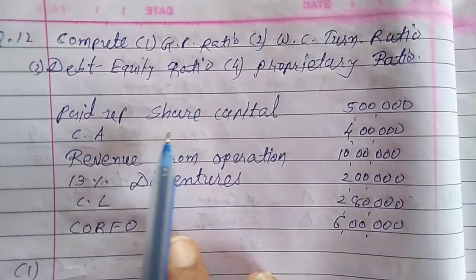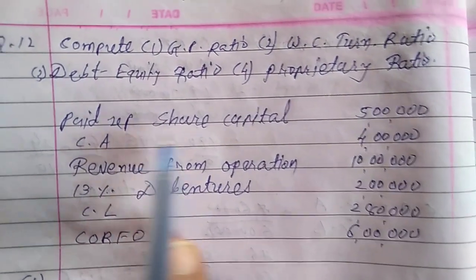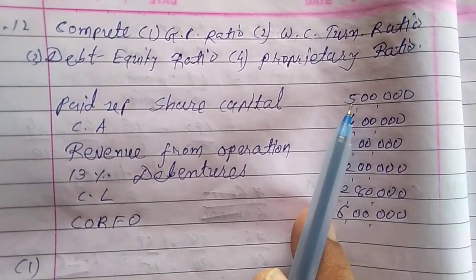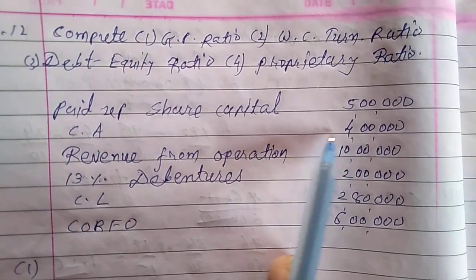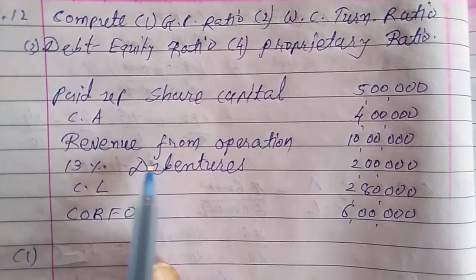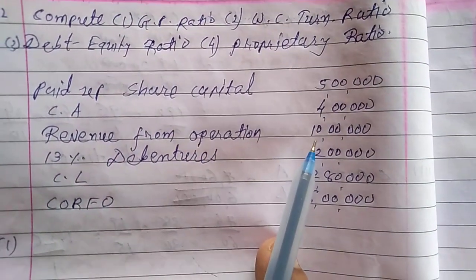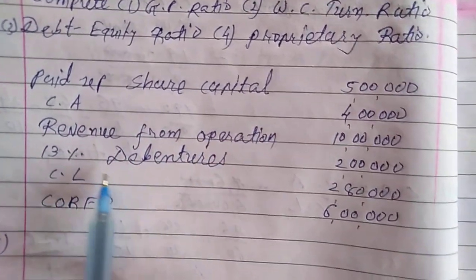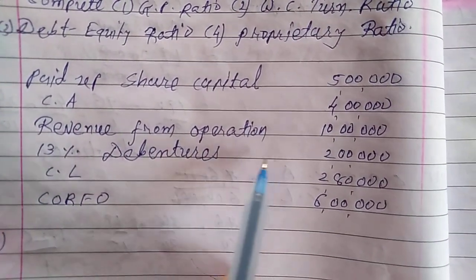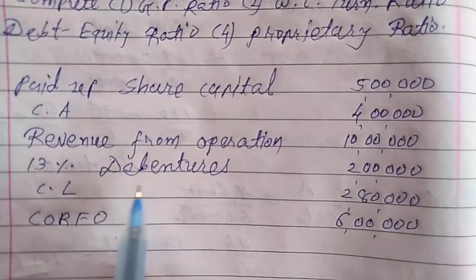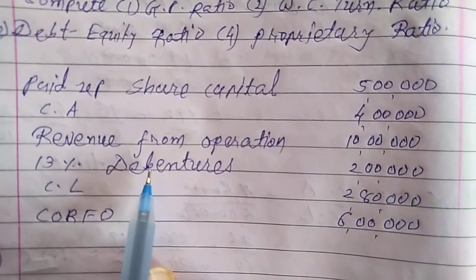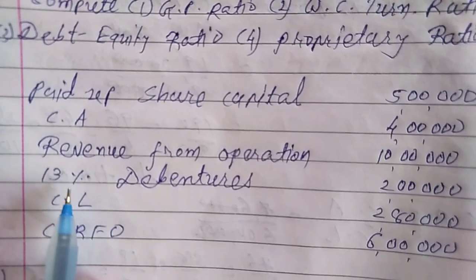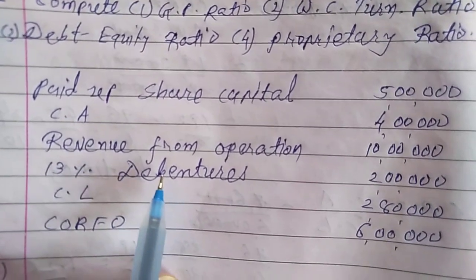So here the amounts are given: paid up share capital 5 lakh, current asset 4 lakh, revenue from operation 10 lakh, meaning sales 10 lakh, 13% debenture 2 lakh. You know debenture is long term debt, here 13% debenture.